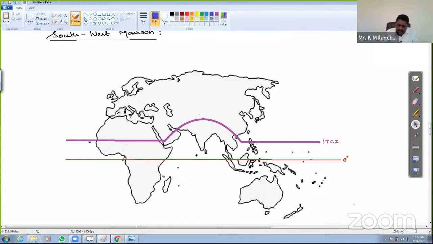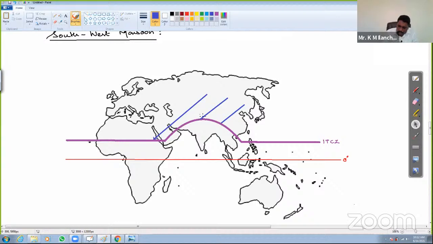Now, my dear friends, let me bring in the northeastern trade. See, for example, how is this northeastern trade converging? Right, this is my northeastern trade.